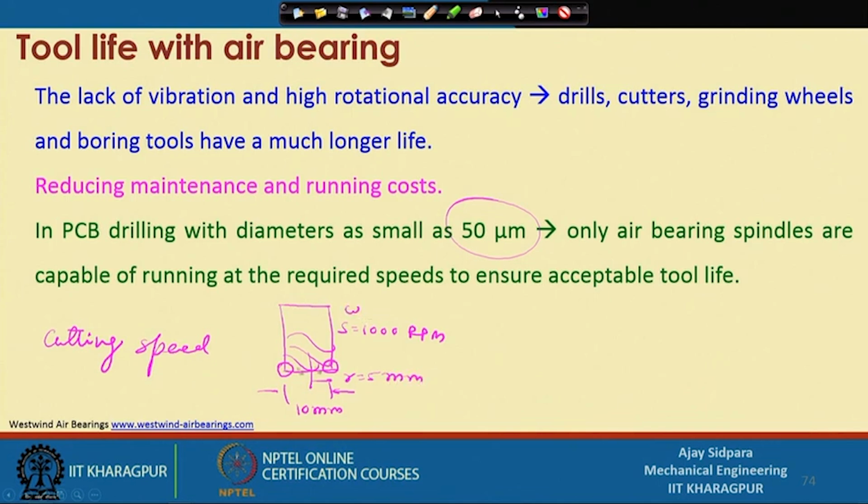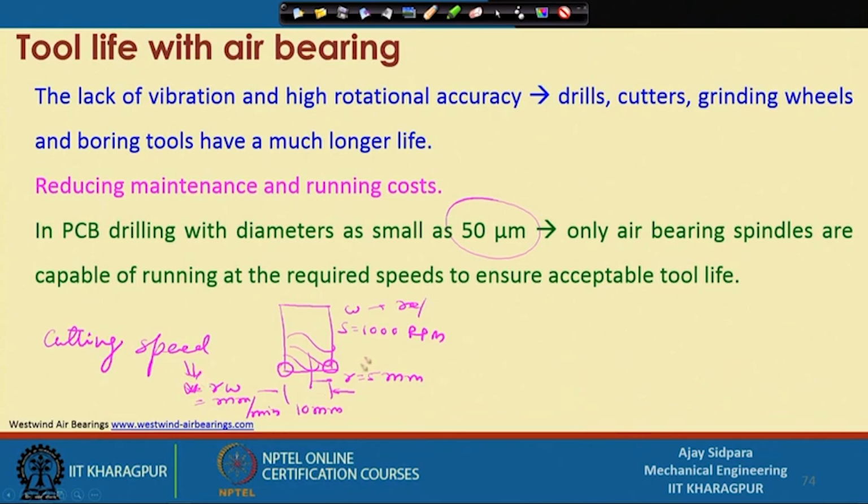We know that V equals r into omega, where omega is in revolutions per minute and r is in millimeter. So, whatever you get is in mm per minute. This is your cutting speed.